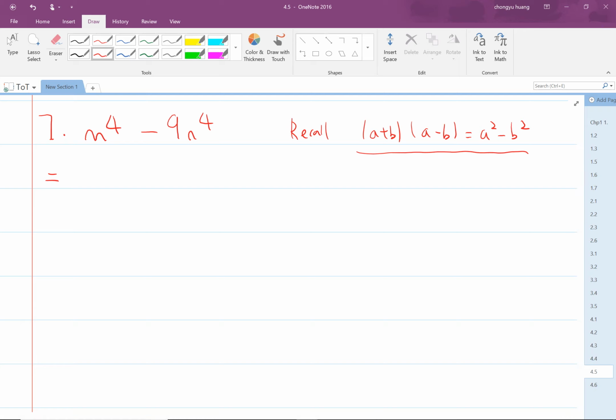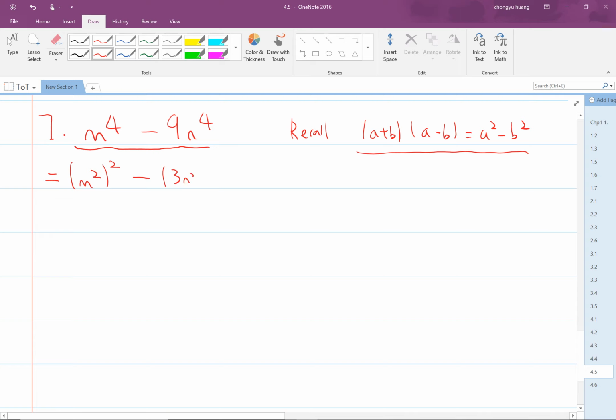The question we have is m to the power 4 minus 9n to the power 4, right? m to the power 4 is a perfect square, and it can be written as bracket m to the power 2, and then bracket to the power 2. Then we have a minus.